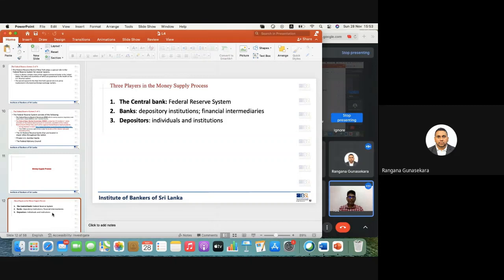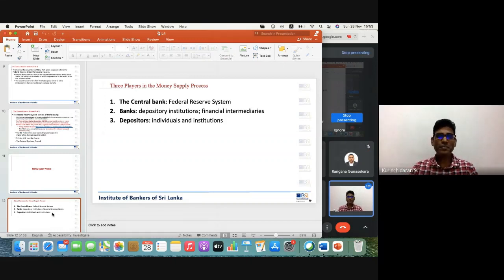Okay. Yeah, thanks. Now, when it comes to the money supply process, there are three stakeholders having a significant impact on it. The first is the central bank.